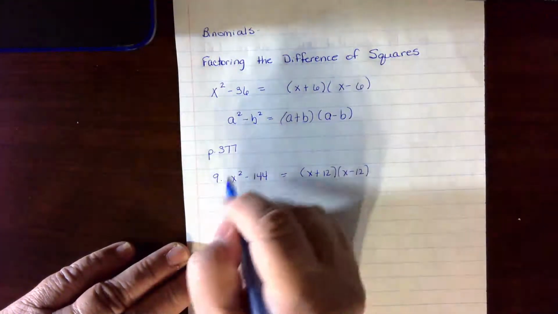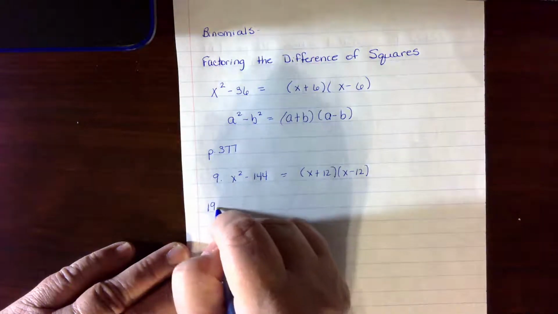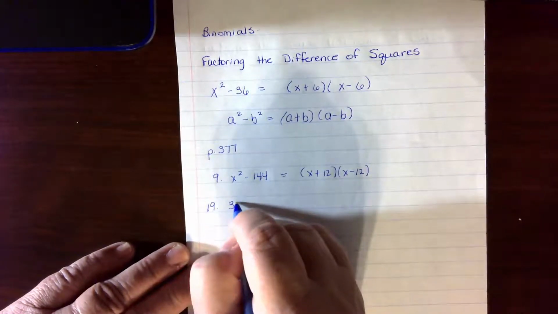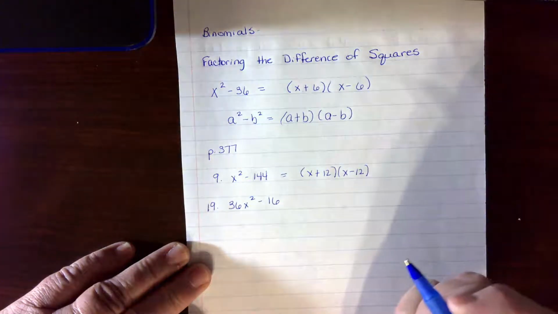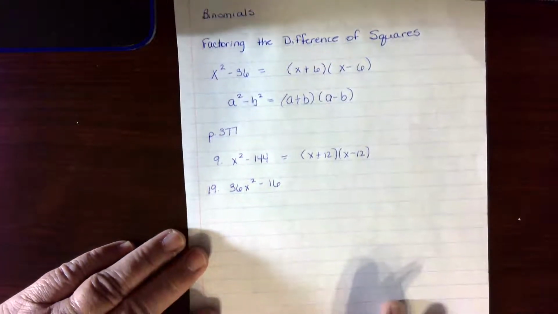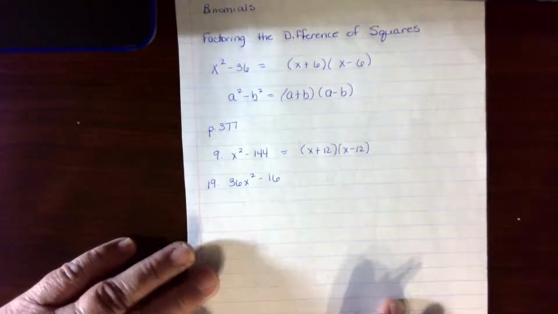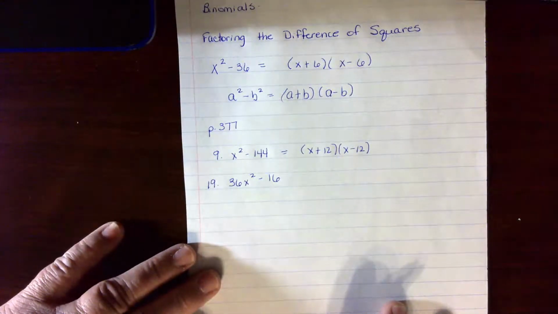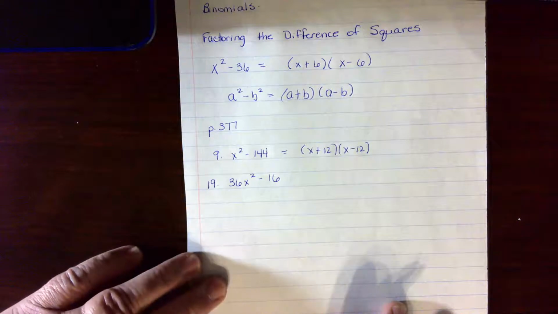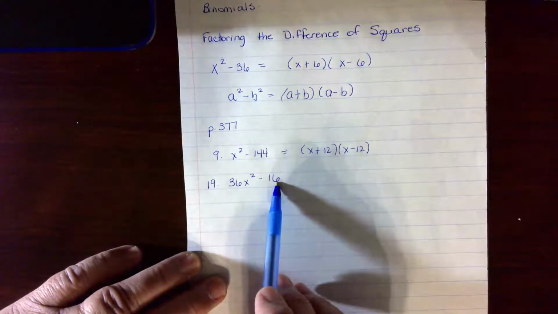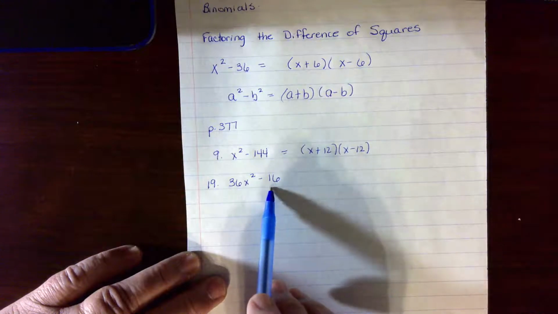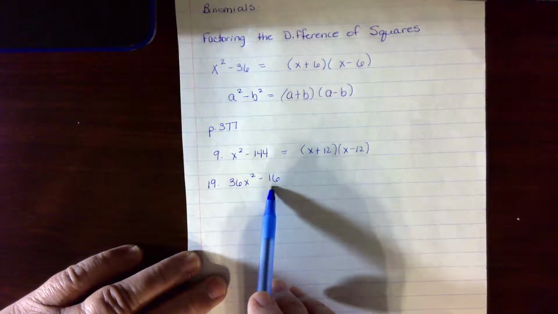Now I'm looking at problem number 19. Just like we said before with factoring, the first thing you must always do is to look for the greatest common factor. And even though these are perfect squares, you've got to factor out the greatest common factor first.